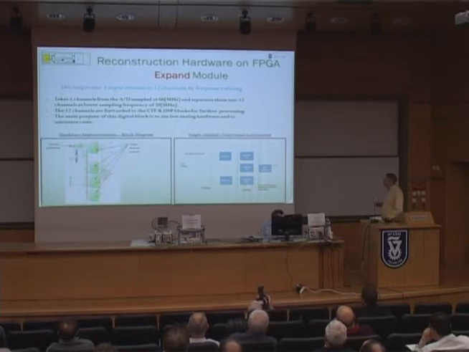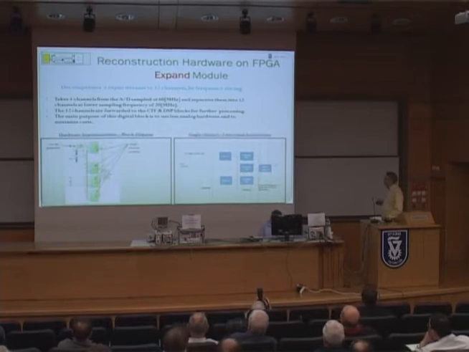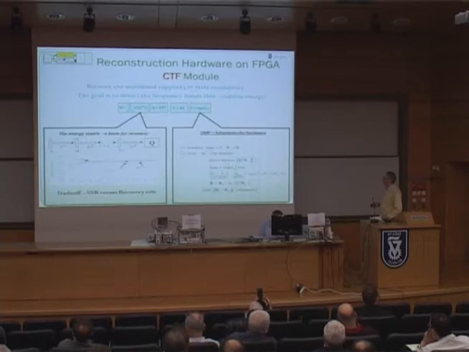You can see here the 3 filter banks. Here's a more detailed picture of one such channel, the modulation part and the polyphase filter, in order to get the 60 megahertz input signal into 3 separate 20 megahertz output signals.